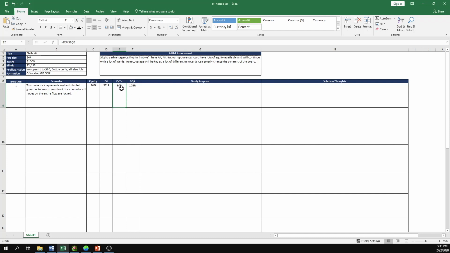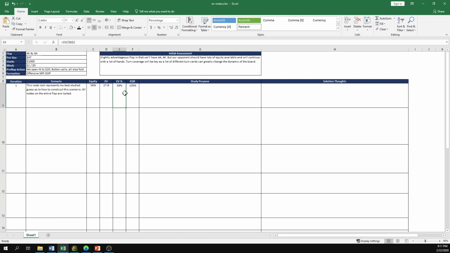What we want is for EV to be greater than equity, right? So we want to be capturing a larger portion of the pot than our equity is, and we are in that spot, which is great. And we also want our EQR to be greater than 100% because we want to over realize our equity. So these two metrics say the same thing, but they say it in two different ways, which is helpful to look at.